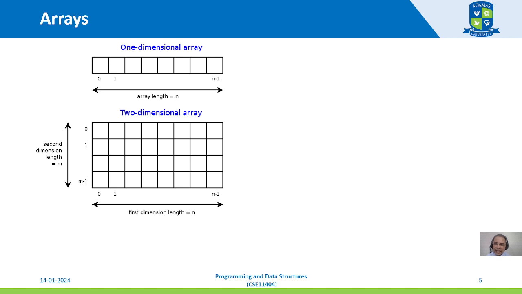So an array can only store values having the same data type. And we can also have an n dimensional array. So in that case we can have multiple copies of the two-dimensional array, so we can increase the dimension as per our requirement.